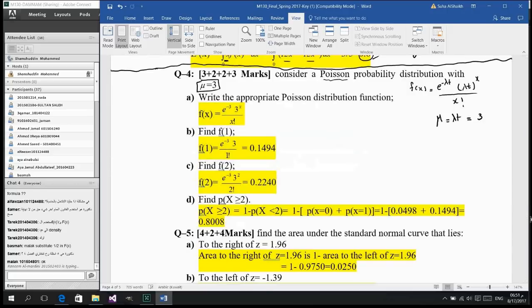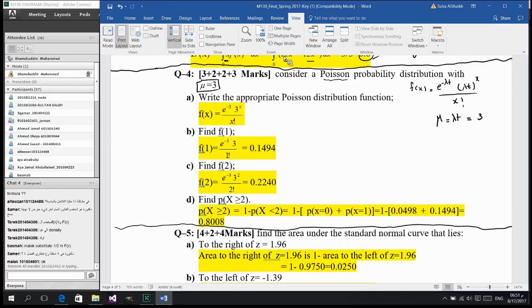Come on, pay attention to question number 5. So in question number 5, stop typing, pay attention to this question.